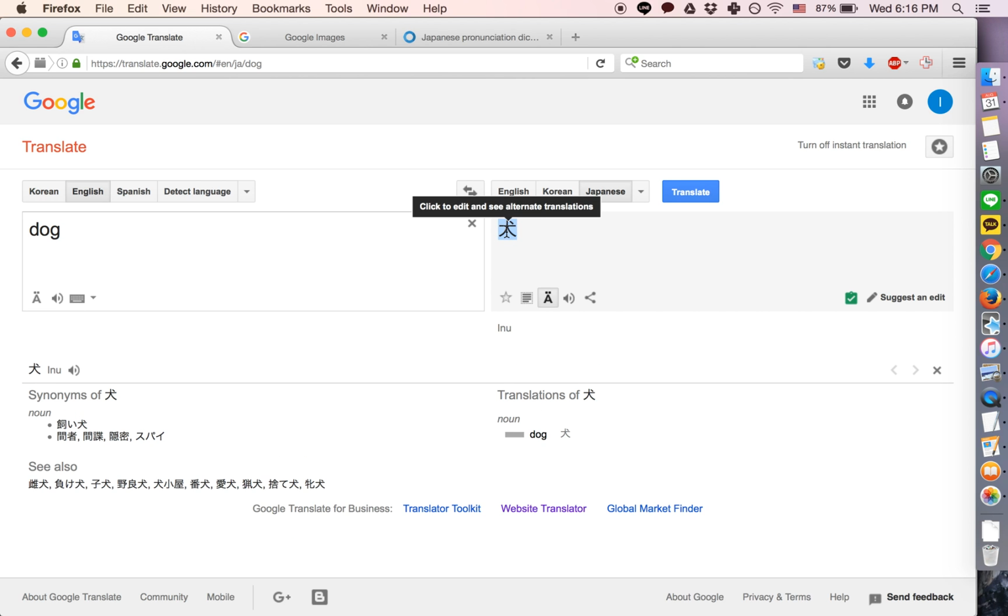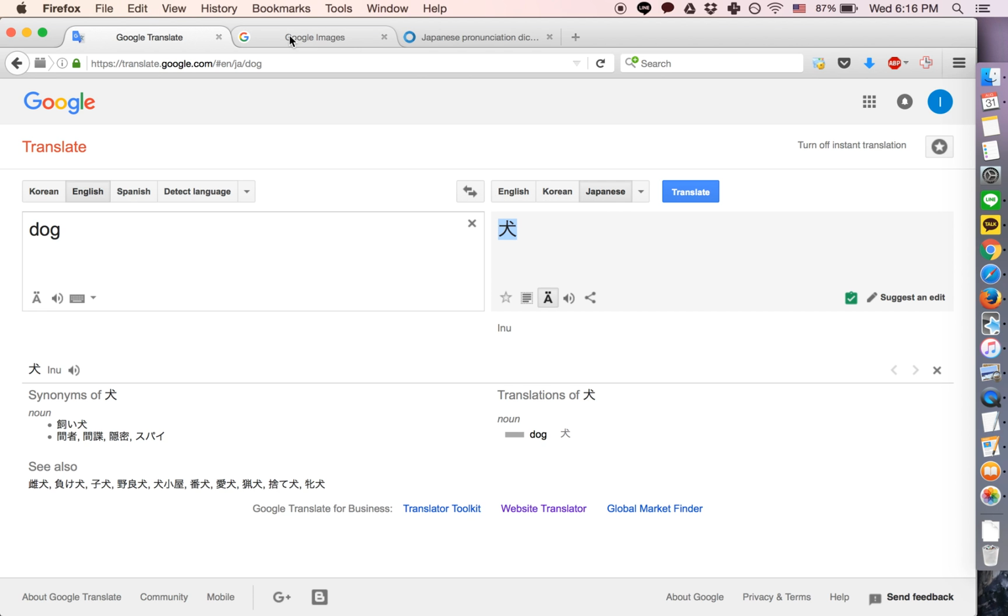Now, if you don't know this word, or you're not familiar with the way Japanese works, whenever you look up a word that you don't know, you don't want to trust a system like Google Translate because it's not very trustworthy.